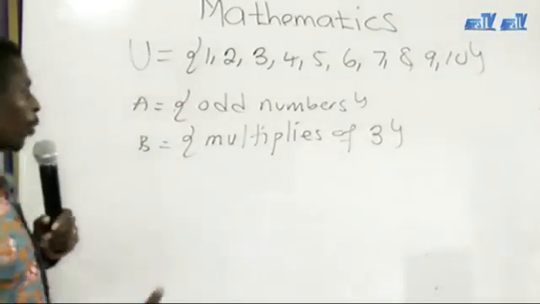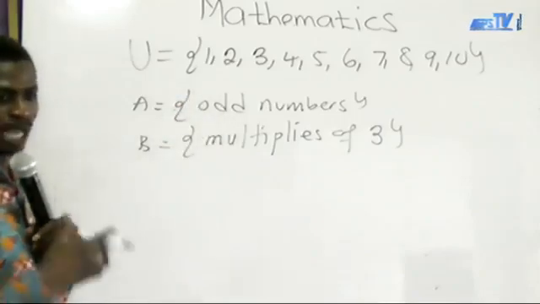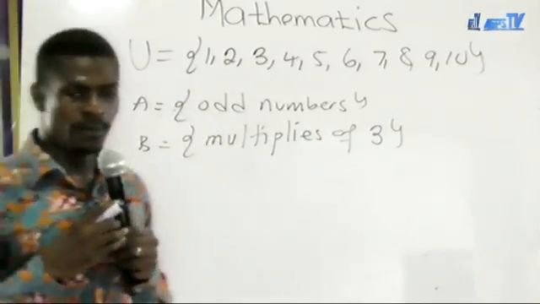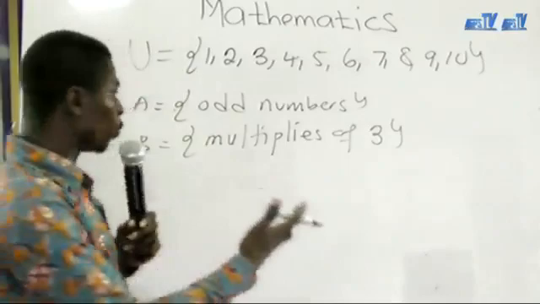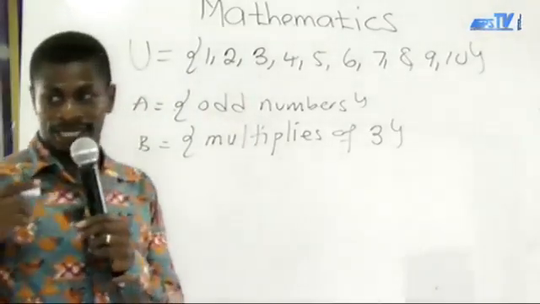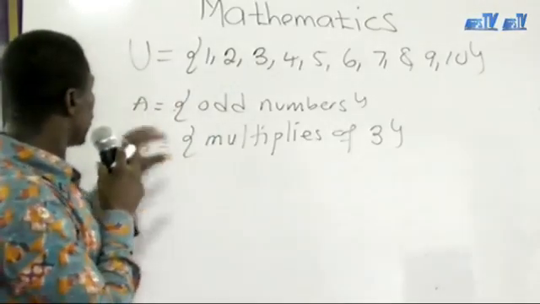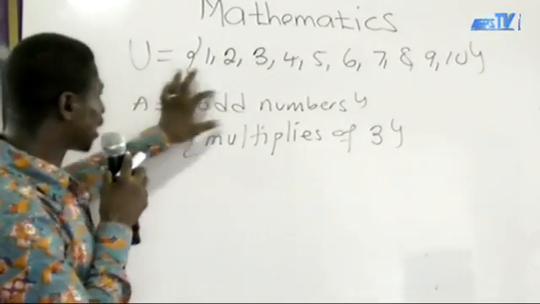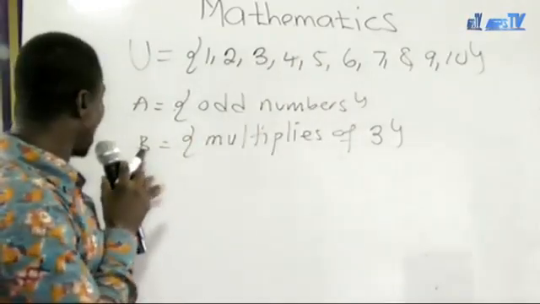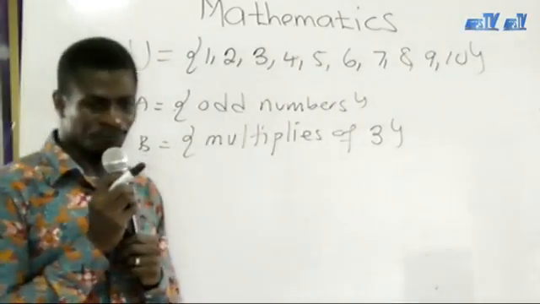I told you that I'll be referring to these, and that is why, once again, you have to go back. If you missed my earlier teaching, you must be watching some of these things. It will be very helpful to you. Now, we have set A as set of odd numbers, and set B multiples of 3.